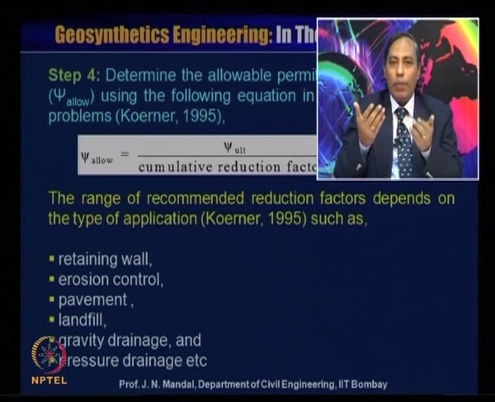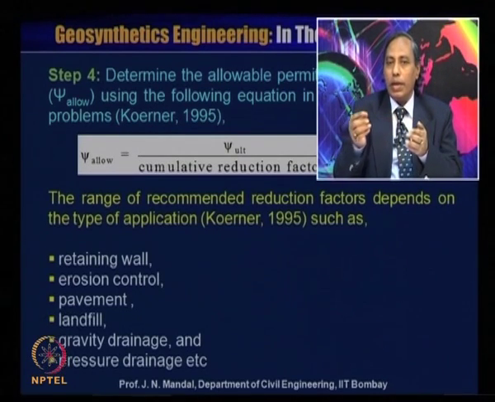If it is for the retaining wall, then the cumulative reduction factor includes the reduction factor for creep, for installation damage, for biological degradation, for clogging, and for blinding. All these factors have to be taken into consideration for the design.